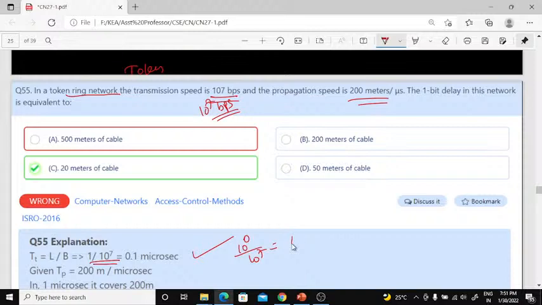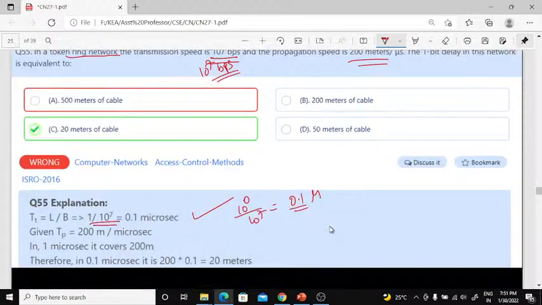The propagation speed is 200 meters per microsecond, so 200 into 0.1, that is 20 meters.